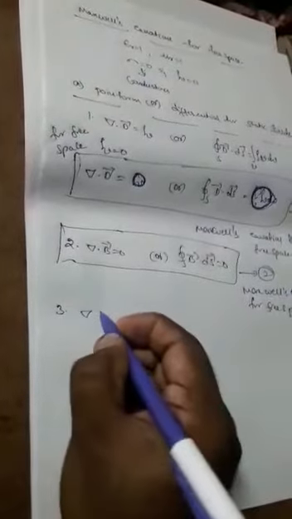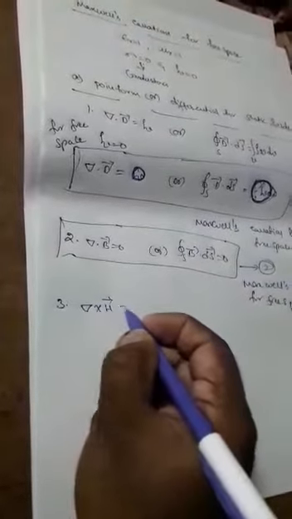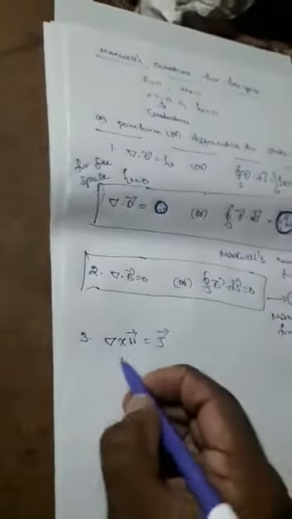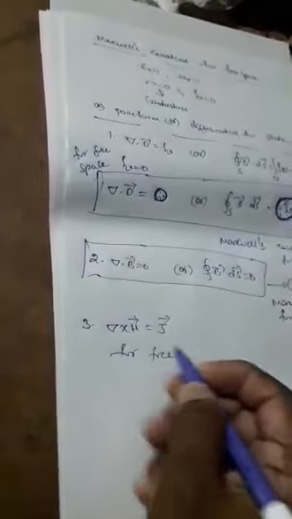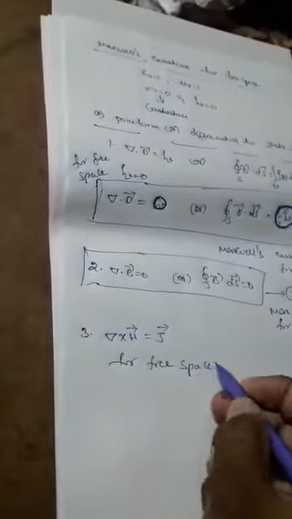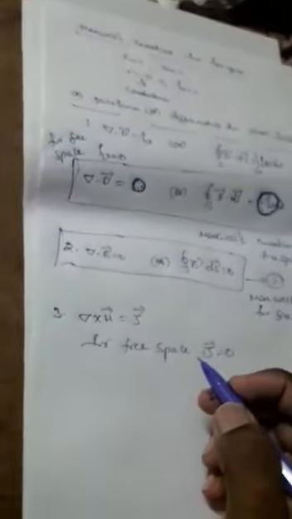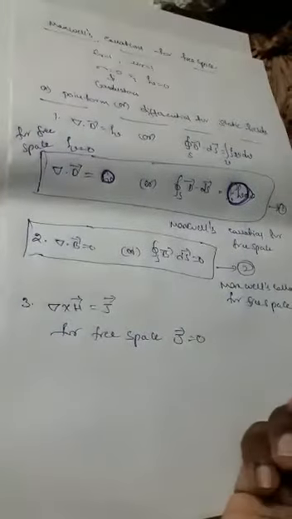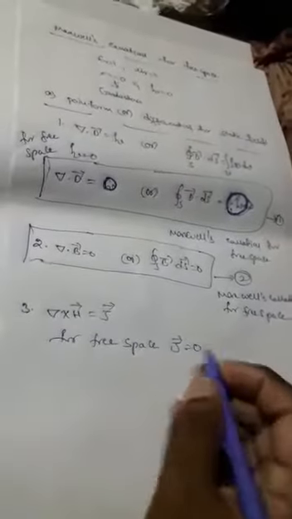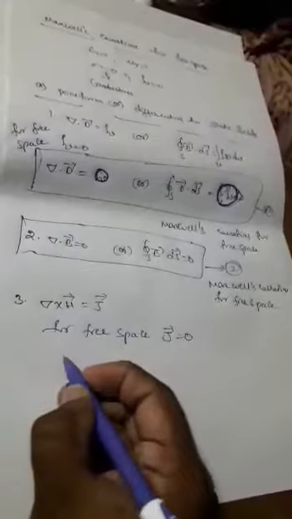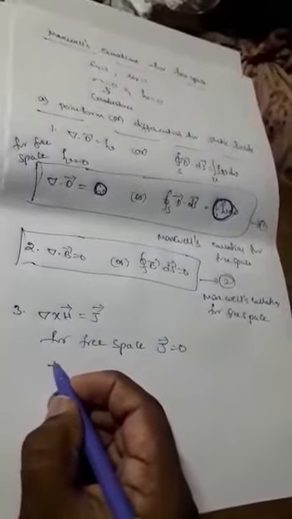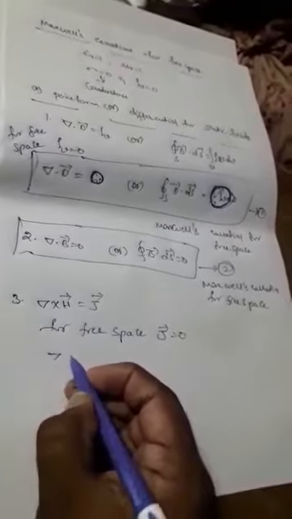And the third one, see here, which is important. Curl of H bar is equal to J bar for static magnetic fields. Then for free space, current density is 0, because the volume charge density can also be 0. That's why for free space J bar is equal to 0. Then curl of H bar is equal to 0.